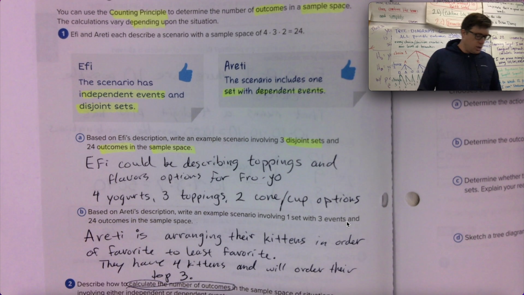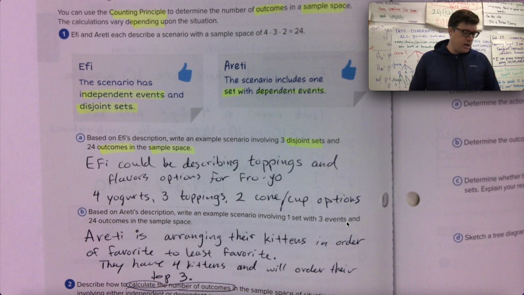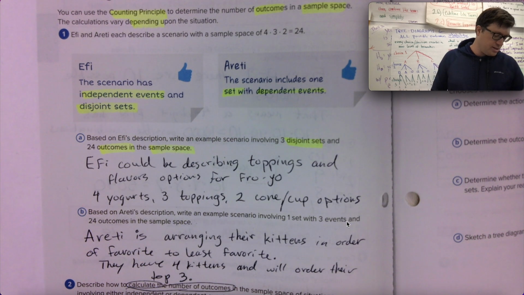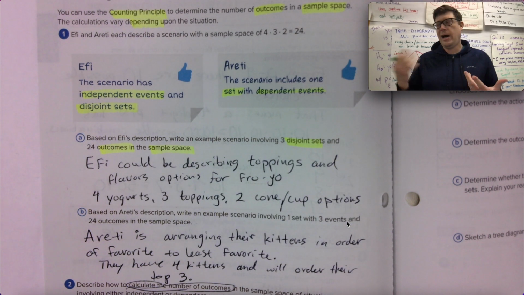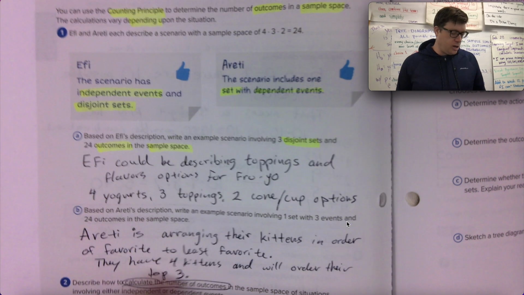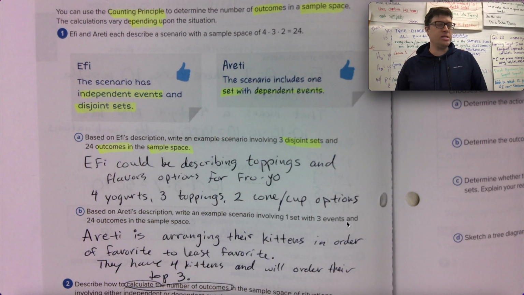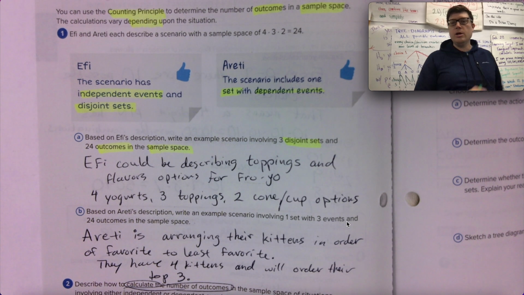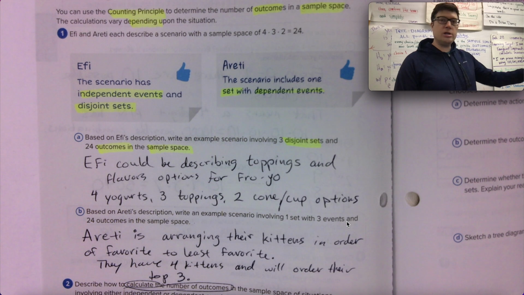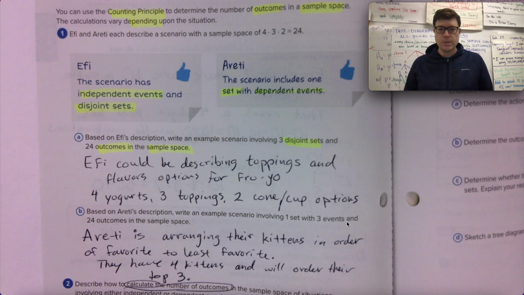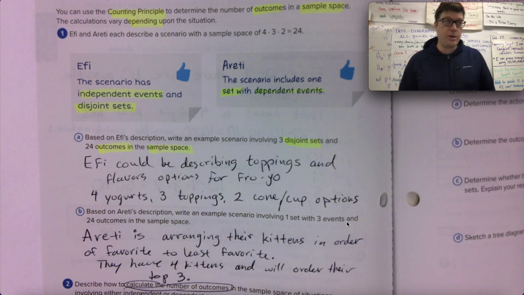B, based on Areti's description, write an example scenario involving one set with 3 events and 24 outcomes in a sample space. And I don't know where my brain went with this one. They could be arranging their kittens in order of favorite to least favorite, and they're just not going to include the least favorite one. So they're arranging them. They have 4, then 3, then 2.